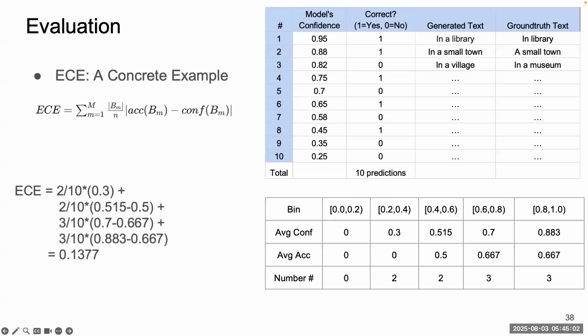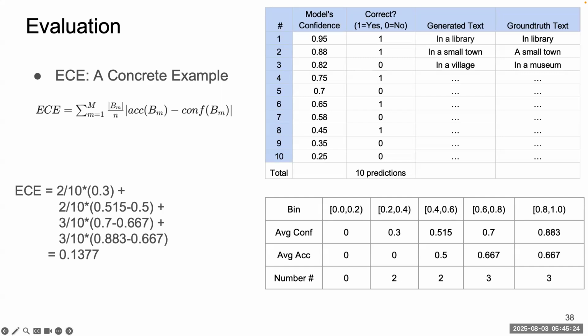Here you have 2 samples falling into this category, and overall you have 10 samples, and you have the mean confidence of this sample. Like I said, the accuracy for them is 0, and you take the absolute value. Then this is the first term here. That's how you actually calculate an ECE value.